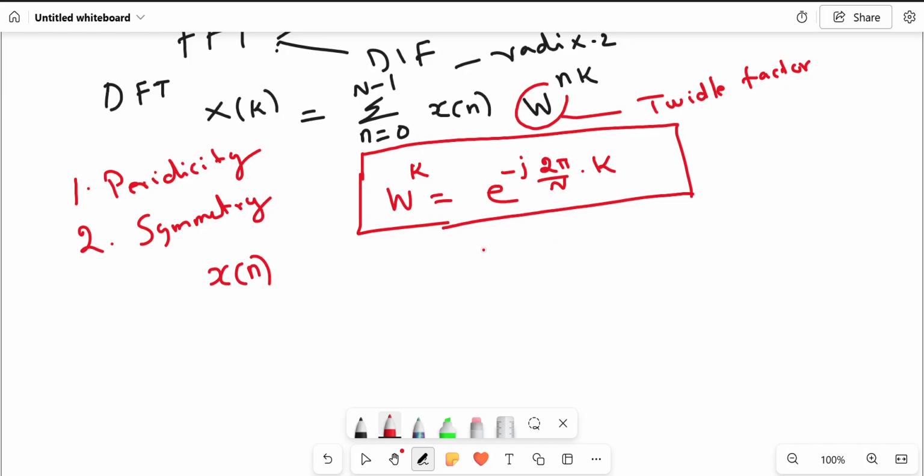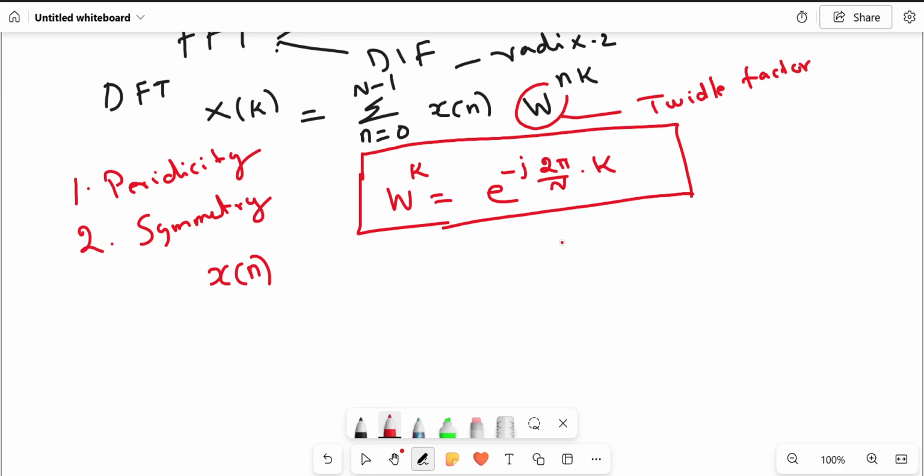Again the even part will be decomposed into even and odd sequences, and the odd part will be decomposed into even and odd sequences. Because W power kn possesses circular symmetry, it is periodic with period N.